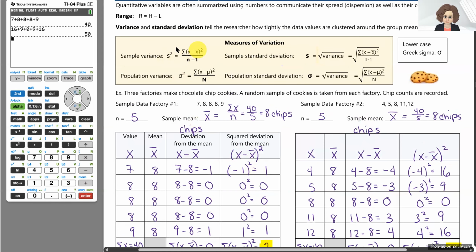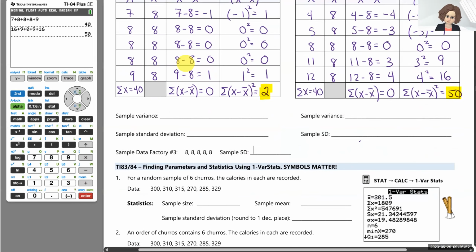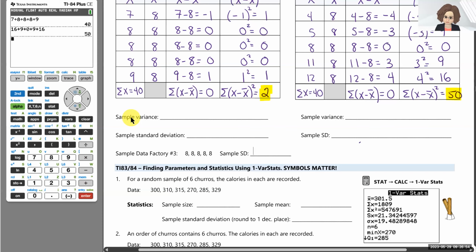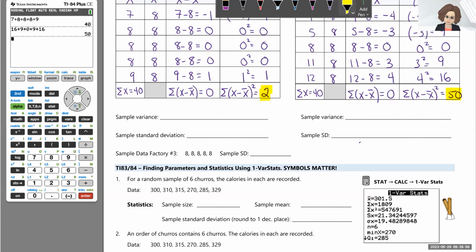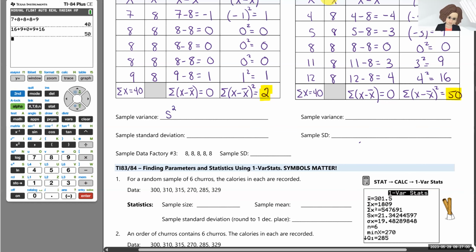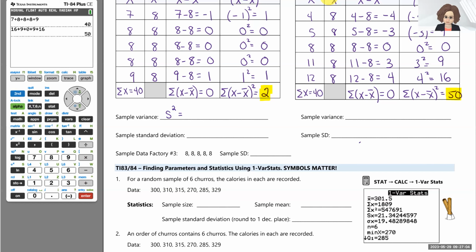So we just did a bit of work to figure out what that numerator is, and then we're going to divide that by the sample size minus 1, and that's called our sample variance. So let's do that next. All right, so sample variance. The symbol for it is S squared because it was developed by squaring values. Now we already got that numerator, so I'm just going to write that 2.